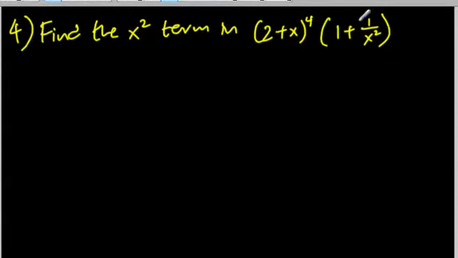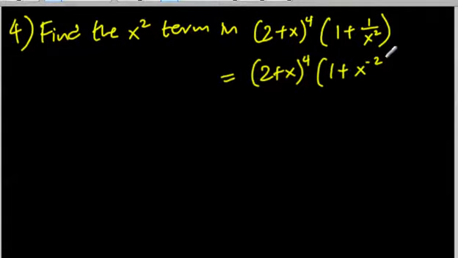Once again, whenever you see a reciprocal function, the first thing I suggest is to turn it into an exponent. So 1 plus x to the power of negative 2, and that's that.